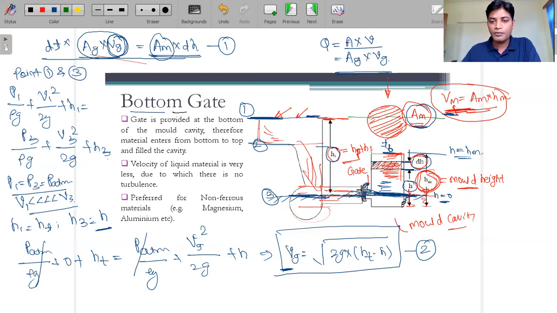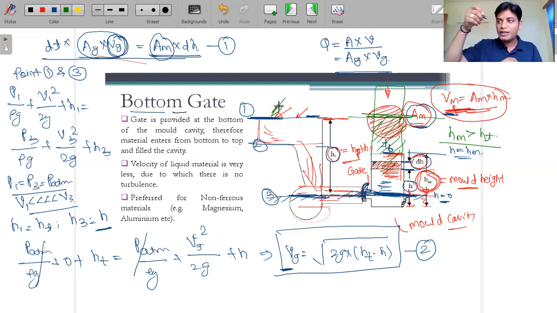This is the height of ht from the datum level, so we are increasing the height of the mold cavity. This can be possible up to this, or we can go beyond this as well. If we increase hm greater than ht, then we are simply pouring the molten material from that.